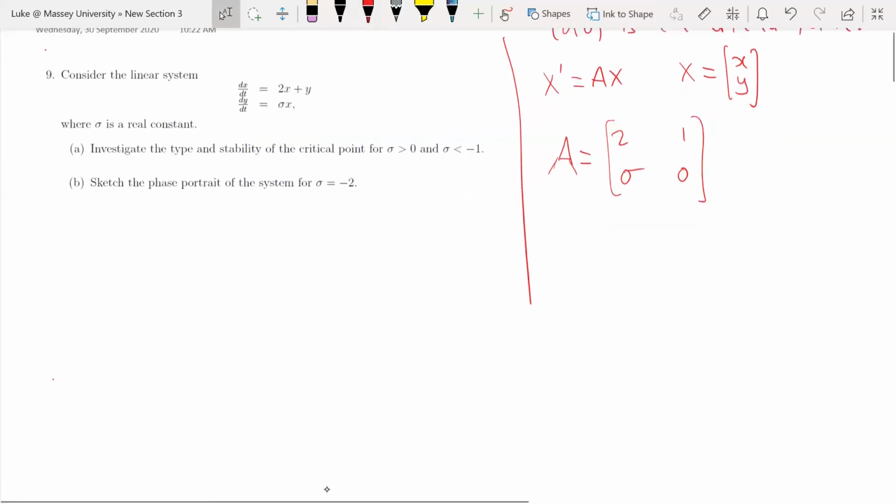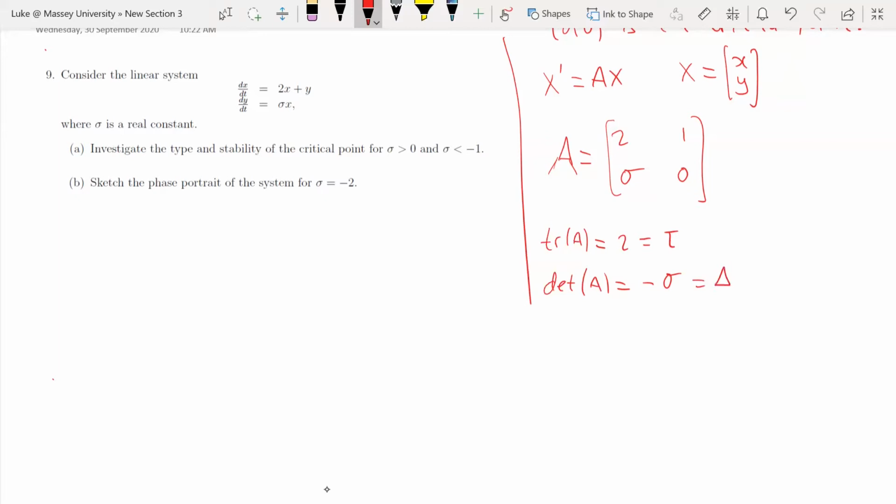So let's calculate the trace of A. Well, the trace of A is 2 plus 0, which is 2, and we were calling that tau. Determinant of A is 2 times 0, which is 0, minus sigma times 1. So the determinant of A is minus sigma, and we were calling this delta here.